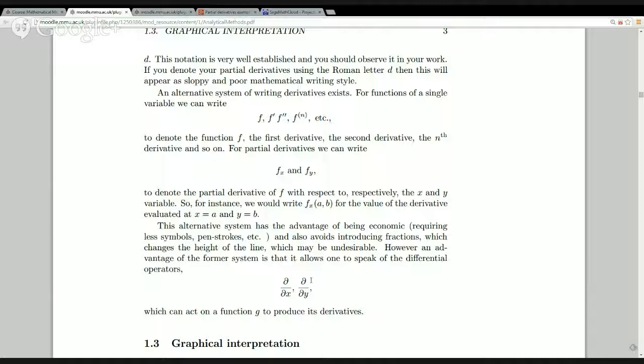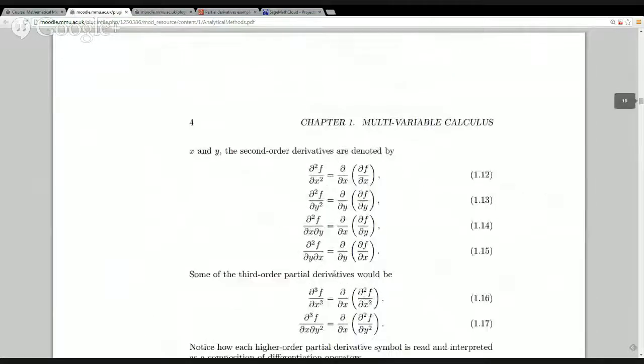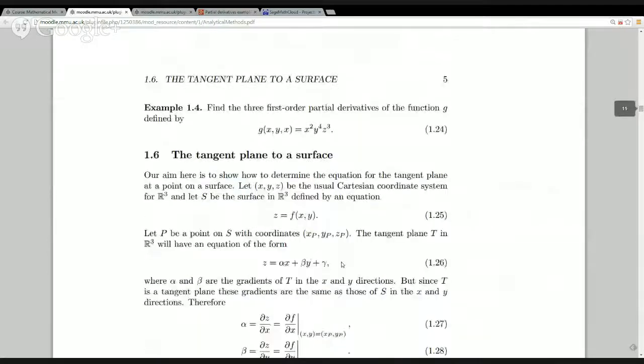The other thing, following on from the last calculation we did an hour ago, which was the tangent plane example 1. First of all, you need to correct the version in the notes. There's a misprint in the notes at equation 1.33.